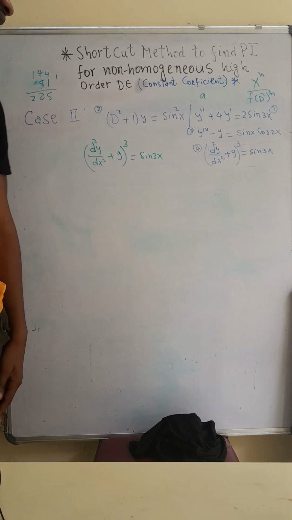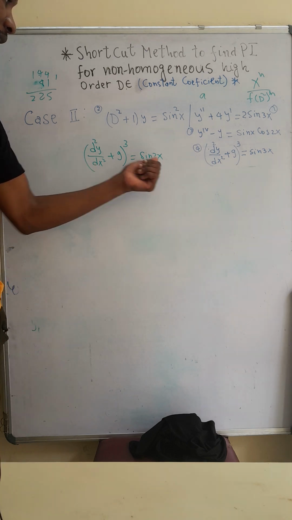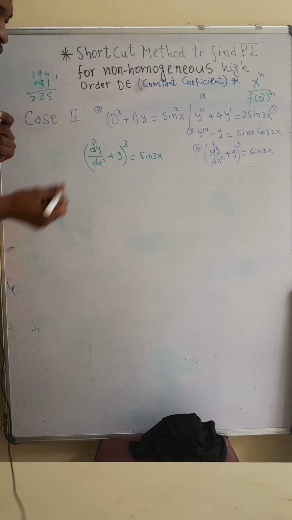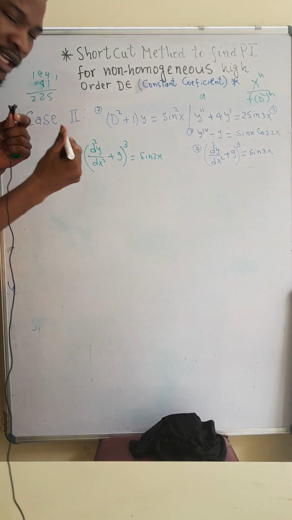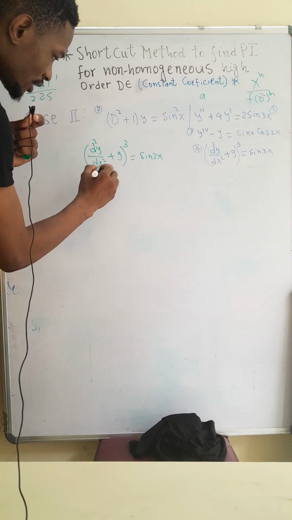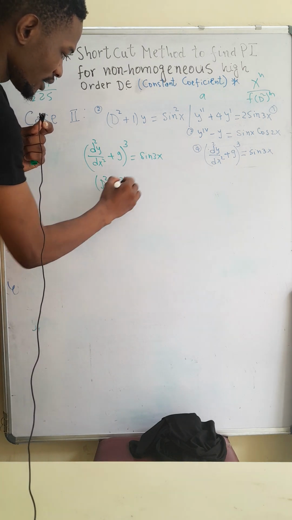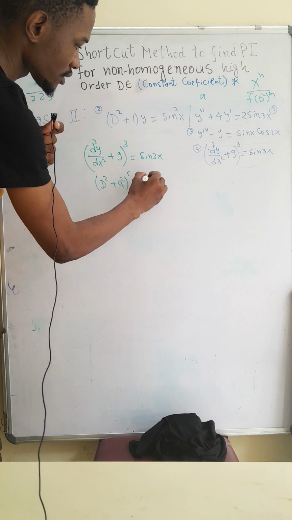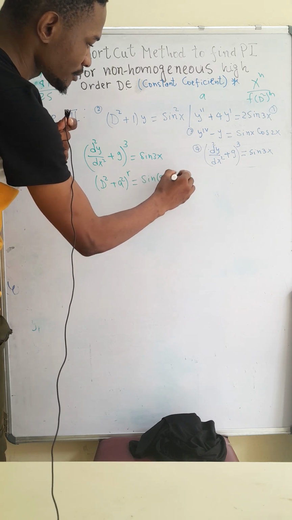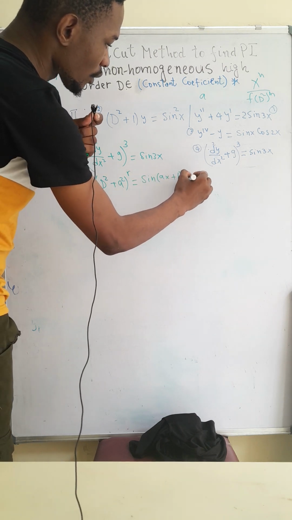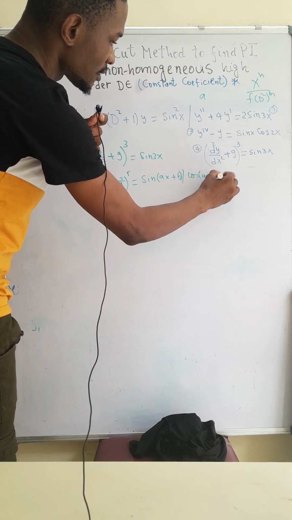Do you remember the particular case I showed you? Like when I told you, whenever we have d square plus a square, times y, it's equal to r, sin of ax plus b, or cos of ax plus b.